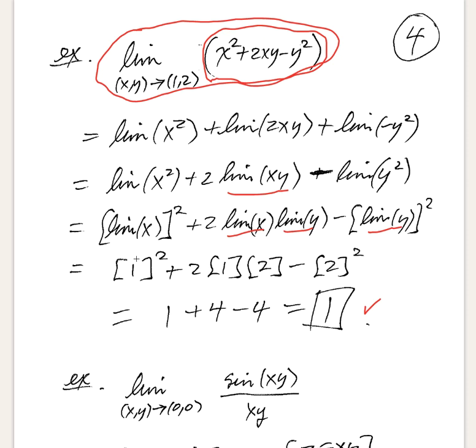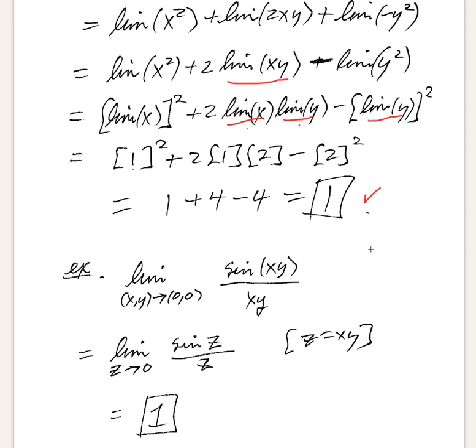Well, this is just approaching 1. This is approaching 1. This is approaching 2, right? The limit of y as (x, y) approaches (1, 2) is simply 2. Substitute those in there, and it's pretty easy here.